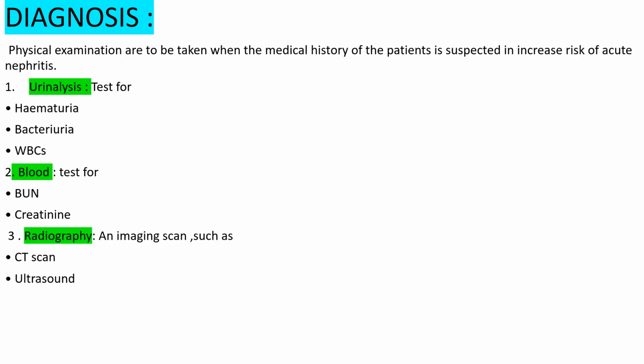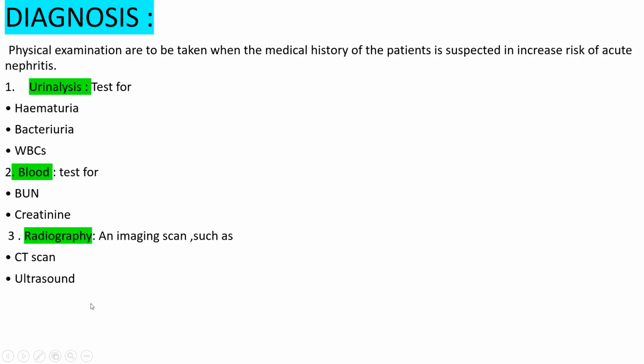When this scanning is done, it shows a blockage or any inflammation of the kidney or urinary tract. These are signs that indicate that a person has some problem in his or her kidney.